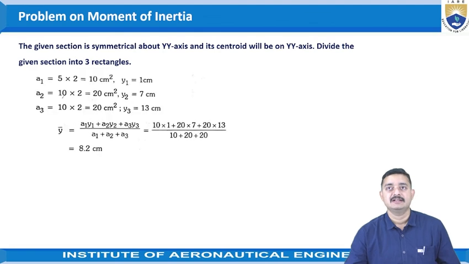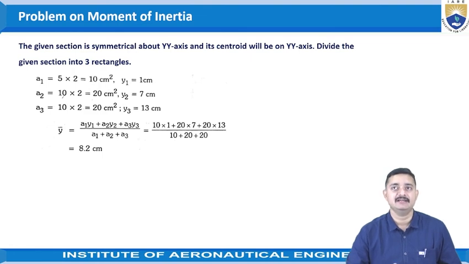After that, the areas A1, A2 and A3 and the centroids y1, y2, y3 are identified in this fashion, and the y coordinate of the centroid of the total lamina is (A1 y1 + A2 y2 + A3 y3) / (A1 + A2 + A3). Substituting the values, (10 × 1 + 20 × 7 + 20 × 13) / (10 + 20 + 20), we get the y coordinate as 8.2 centimeters.